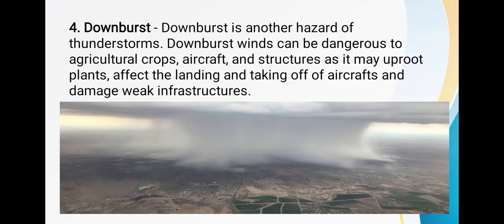As you can see on the picture, the sky already released a big amount of water. It is what we call the downburst. Because of its excessive force, water falling from the sky, infrastructures will be damaged. And of course, if there are flying objects in the sky, they will also be affected.